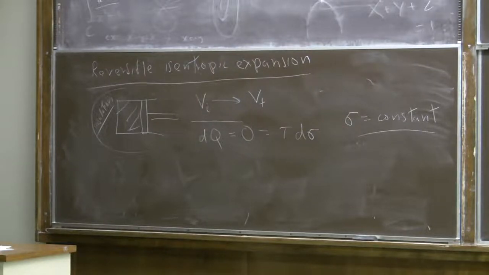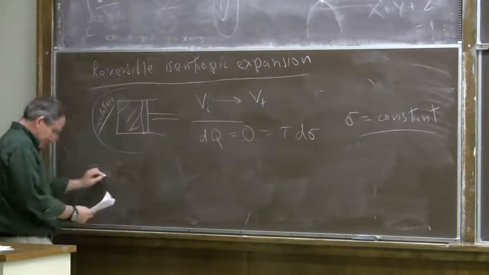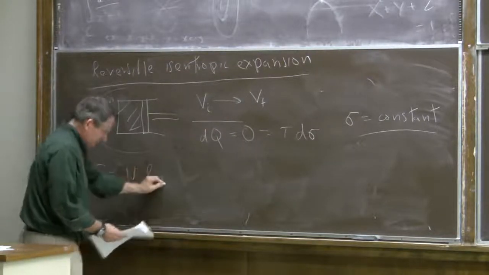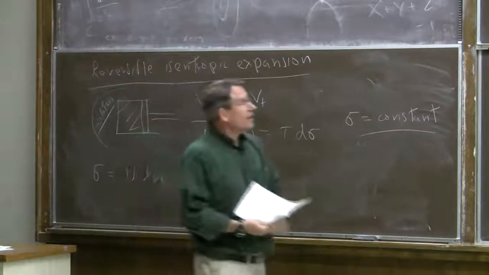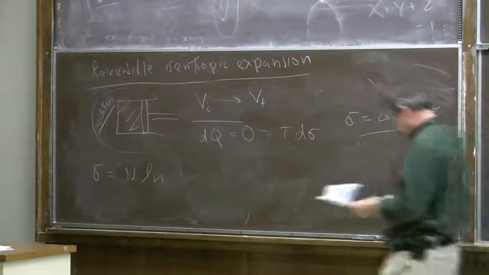Now again, if we look at our expression for the entropy, we can see what that implies about what happens to the temperature and pressure. So since the entropy of our classical ideal gas can be written as N times log, and now I'll make use of the fact that the quantum concentration goes like temperature to the 3/2 power. The expression for the entropy that I have over here has a log of the quantum concentration in it. And it's got some numerical constants, but they're just constants.